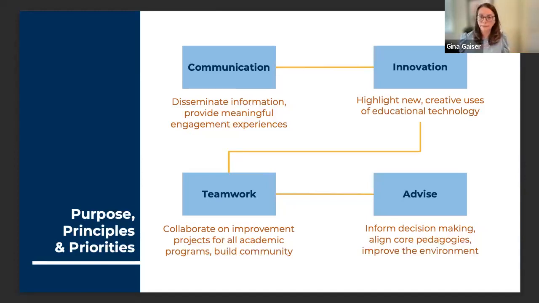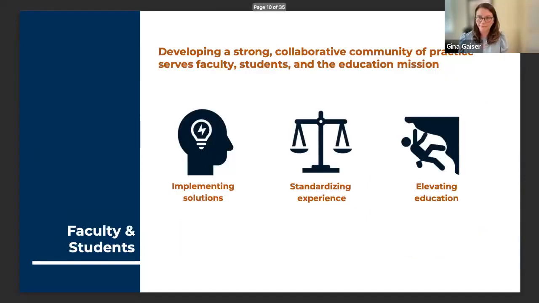principles. So developing a strong collaborative community of practice serves the faculty and students and the education mission. We do this by problem solving. The group is nimble and closer to day-to-day educational work of faculty, so we're able to quickly identify gaps and implement solutions, and students will see change before they graduate.